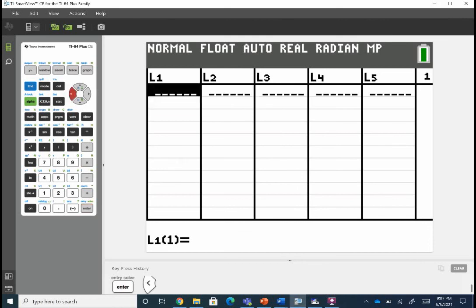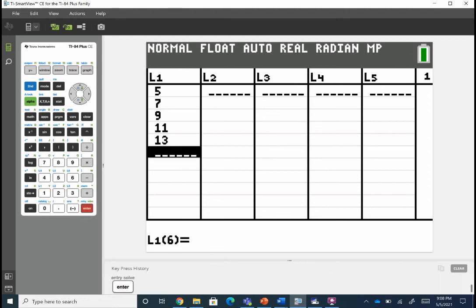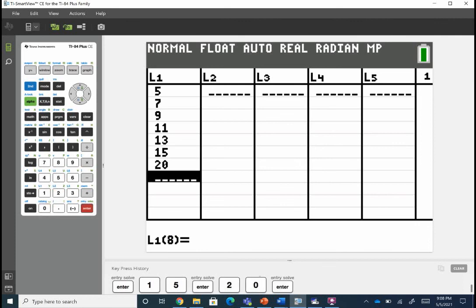So arrow back over to the first entry in list 1, and we're going to enter 5, 7, 9, 11, 13, 15, and 20.